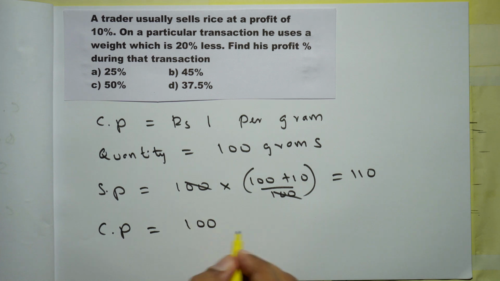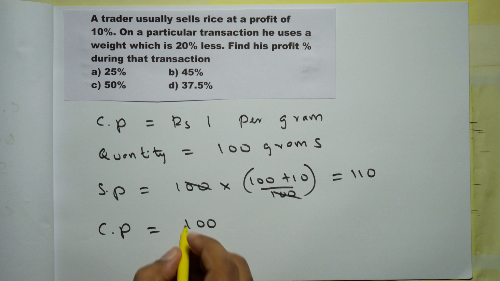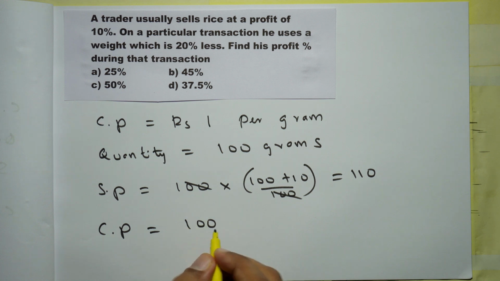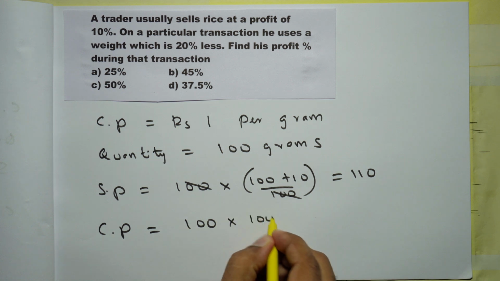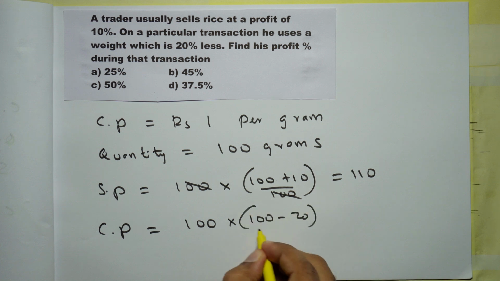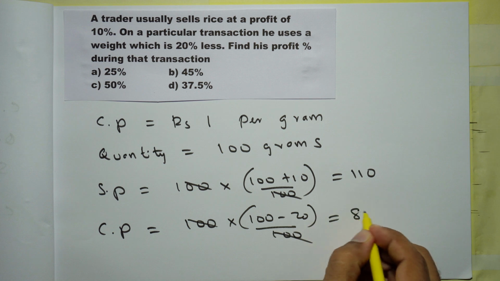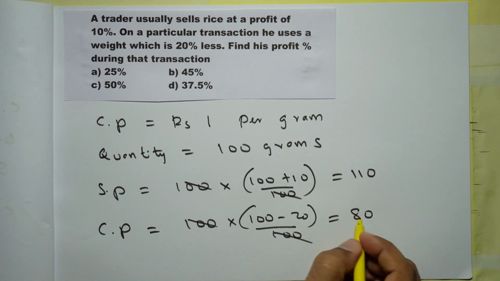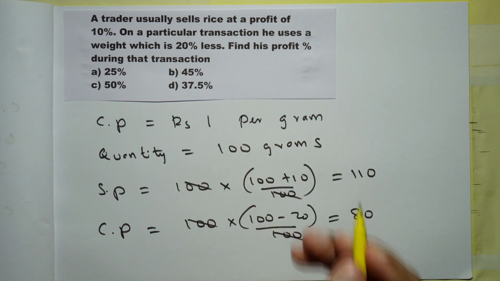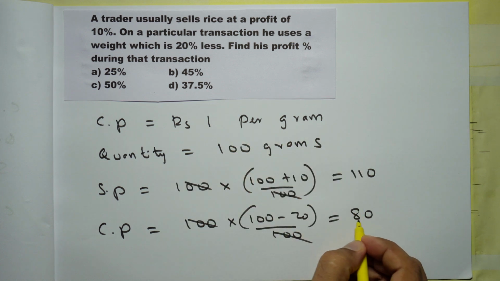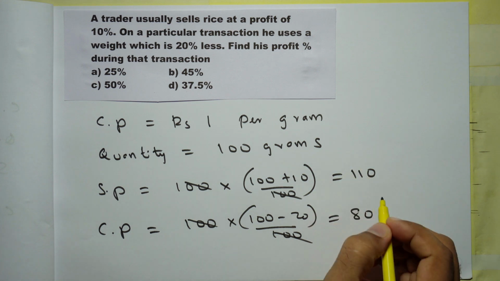You have to reduce this value by 20%. That will be 100 into (100 minus 20) by 100. 100 and 100 cancel out. 100 minus 20 you will get as 80. So actually he gives only 80 grams, and it is 1 rupee per gram. So his actual cost price is only 80. So his cost price is 80 and he is selling it at 110.